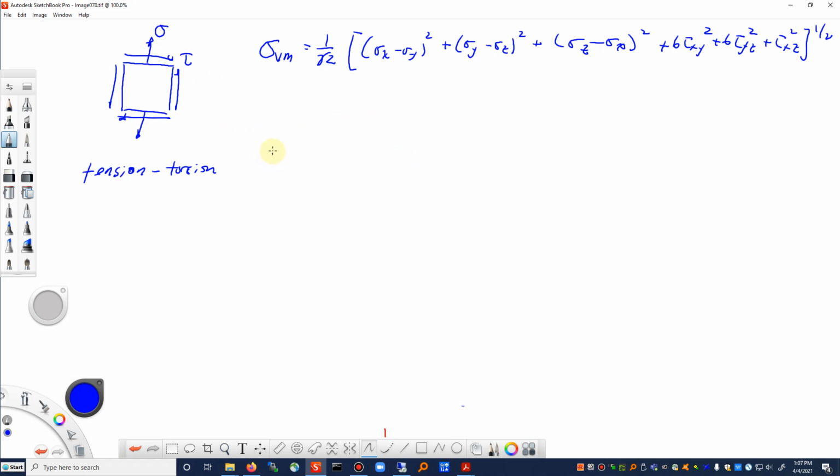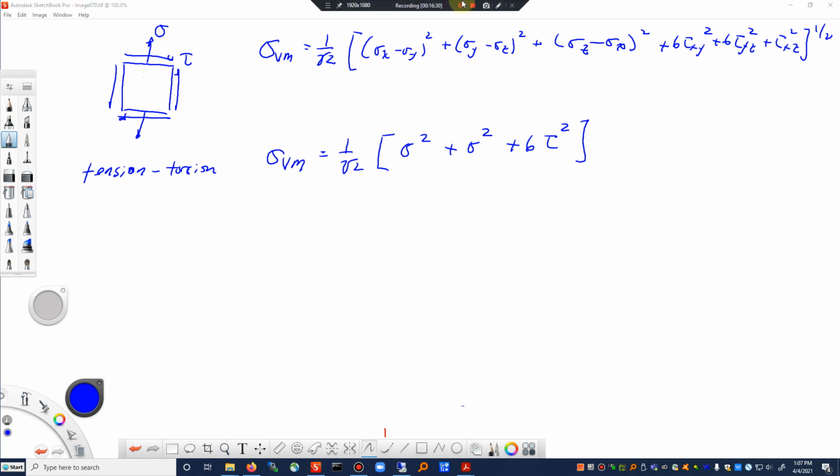For tension torsion, this simplifies down. We end up with a sigma squared and another sigma squared, and then we have a 6 tau squared term in here, where maybe sigma y represents the sigma and tau represents the tau xy in that formula. And I need my square root right there. All right, so if we take a look at this, we end up with 2 sigma squareds.